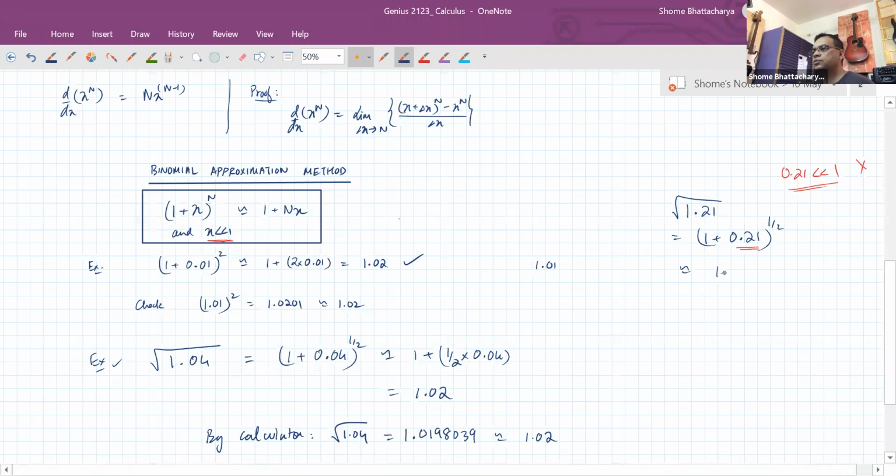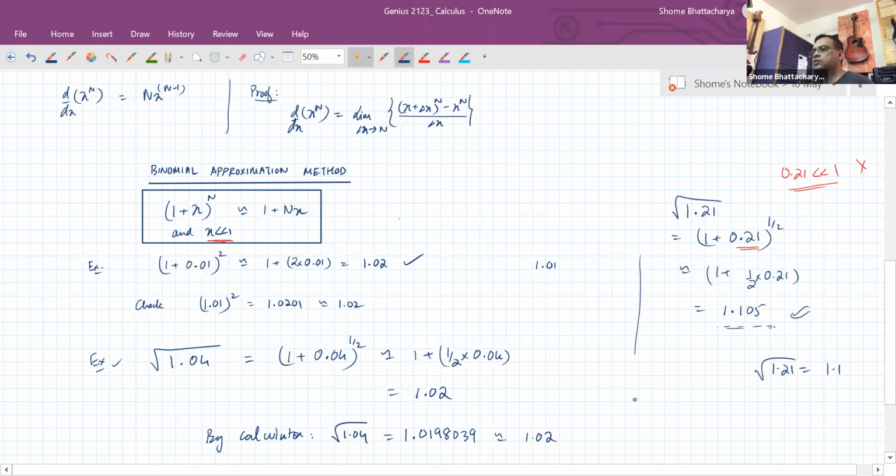We'll get 1 plus half into 0.21, and that will give us 1.105. Even this is reasonably correct, because you know that the square root of 1.21 is actually 1.1. So this is reasonably okay.